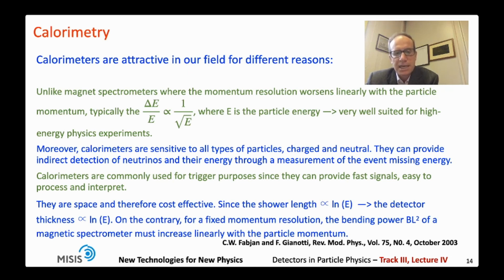While on the other side, if you have magnetic spectrometers, then the bending power, which is B, the magnetic field strength, times the second power of the length of the magnetized volume, increases linearly with the particle momentum.